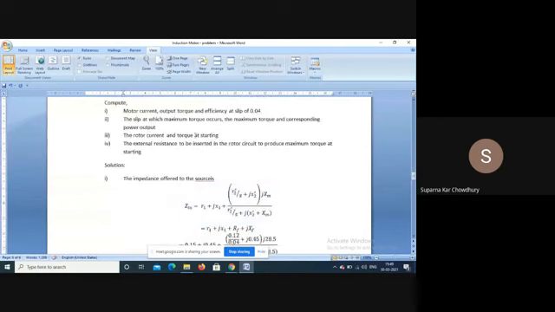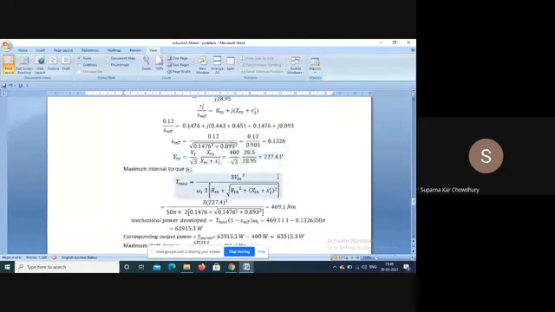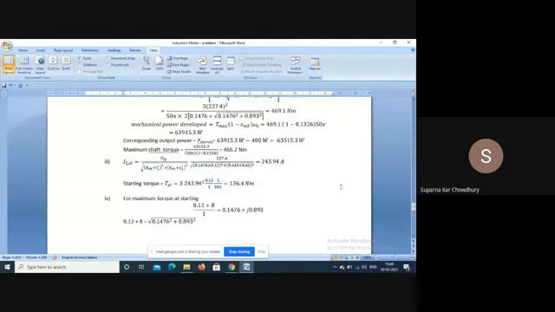Now the next one was the rotor current and the torque at starting. The rotor current at starting we also get from the Thevenin's equivalent circuit: V Thevenin divided by the total impedance, which is R Thevenin plus R2 dash, plus X Thevenin plus X2 dash. Your slip is 1. So putting the values, we get I2 starting as 243.94 ampere.